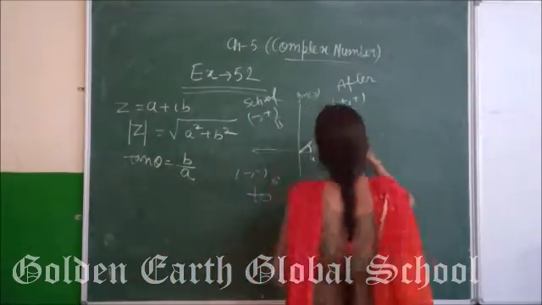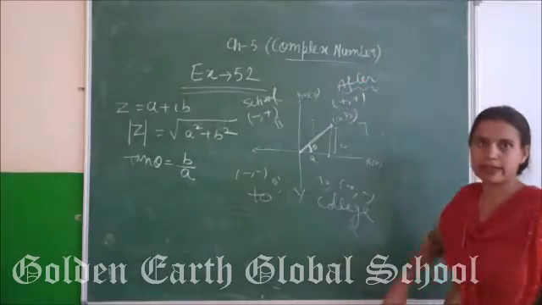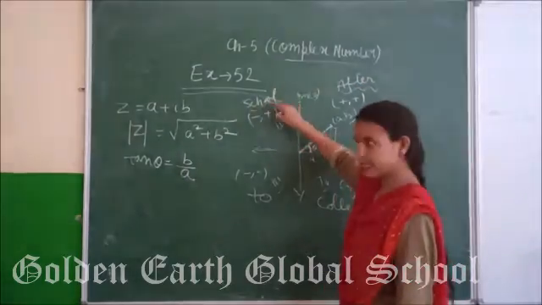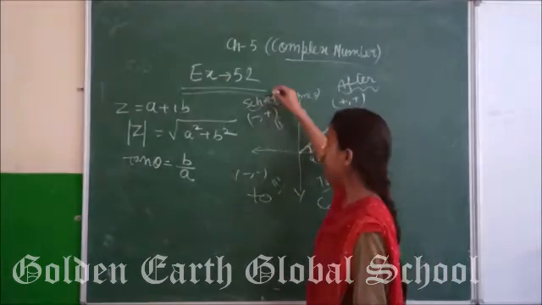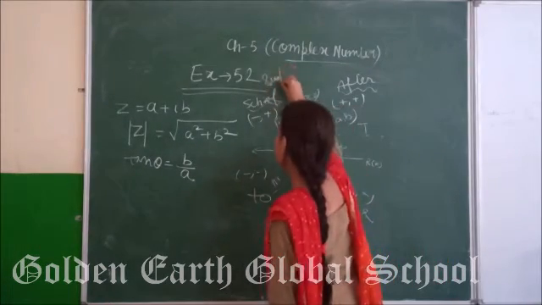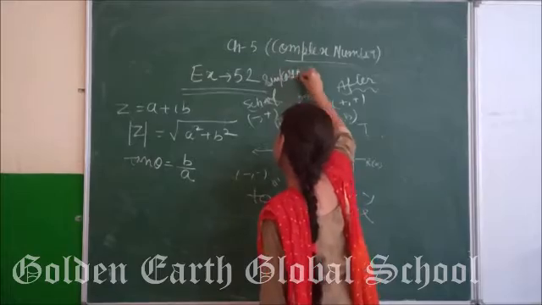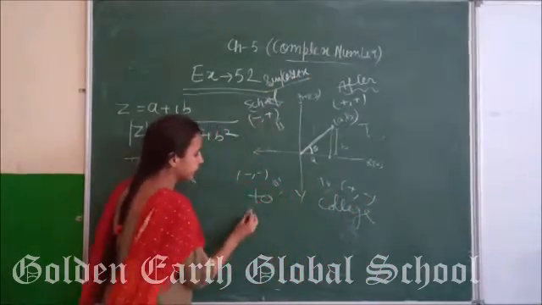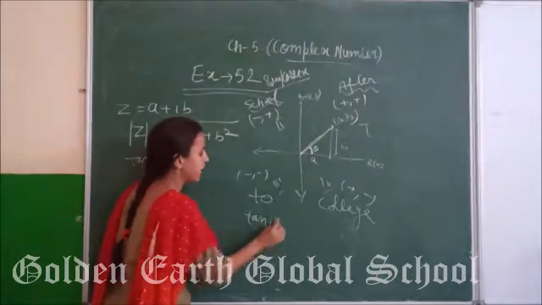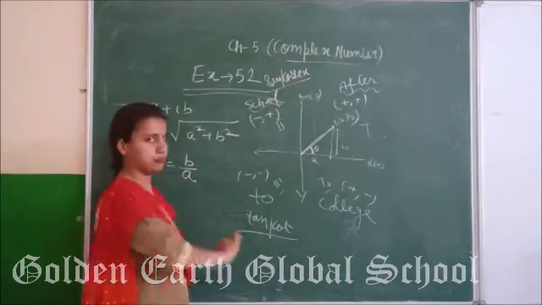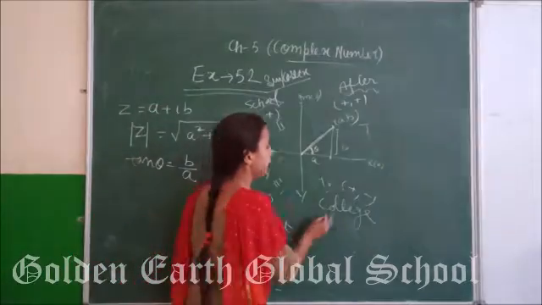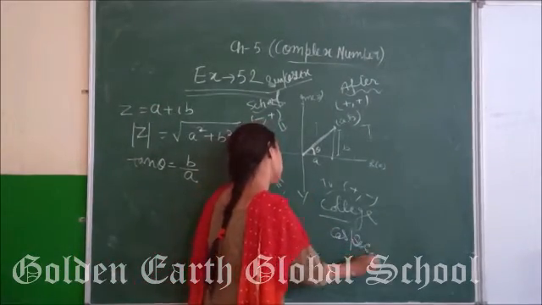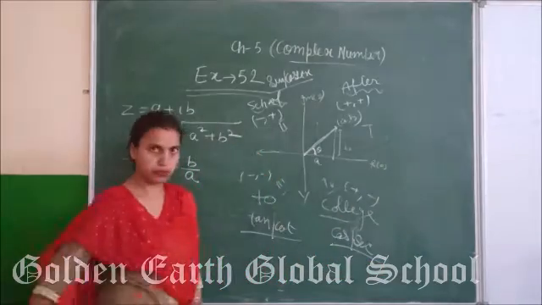In the first quadrant all the trigonometric ratios are positive, and S for school, that means sine. Sine and its reciprocal are positive in the second quadrant. Similarly, T for tan, tan or its reciprocal is positive in the third quadrant, and C for college, cos or its reciprocal is positive in the fourth quadrant.